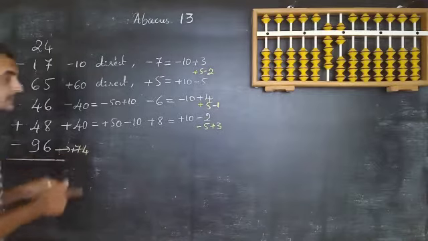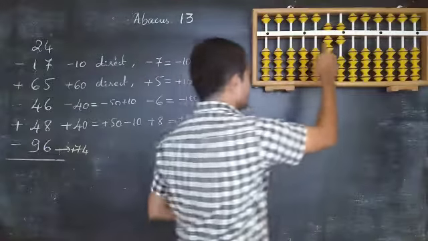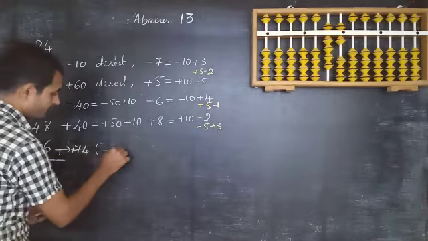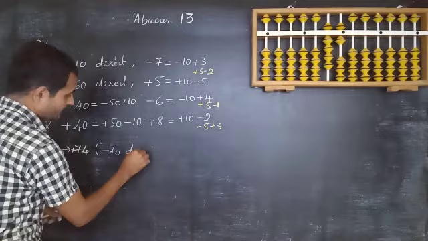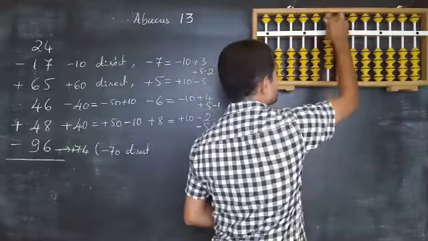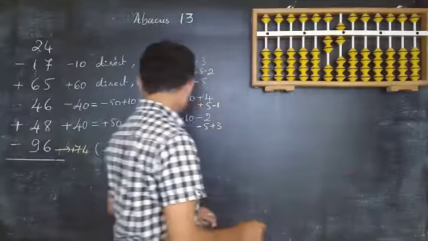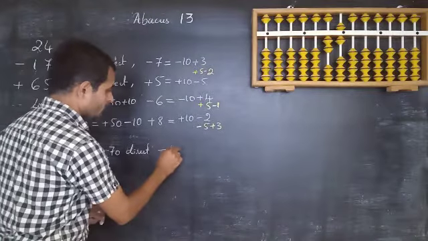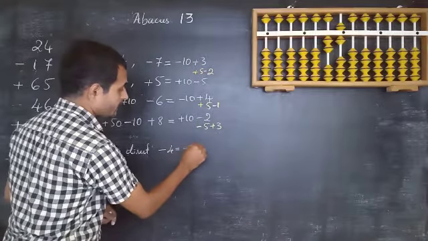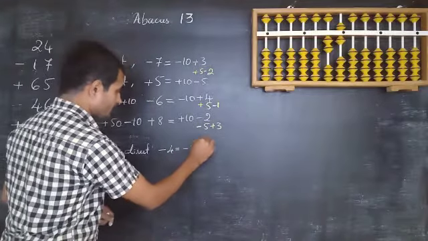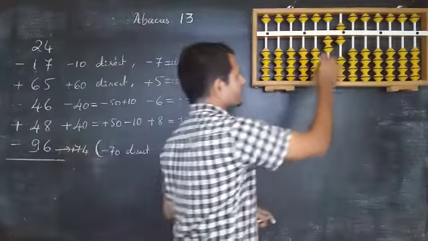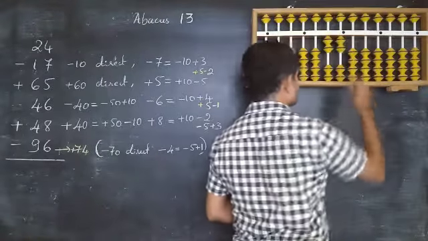But in the abacus, you take greater number minus 74: minus 70 direct, minus 4 is equal to minus 5 plus 1.